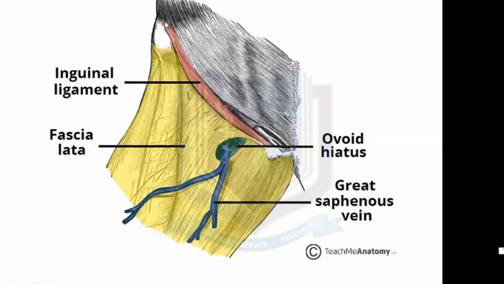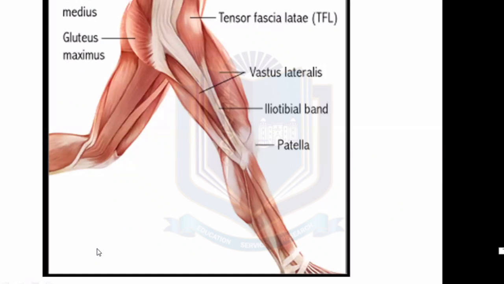Laterally, it is attached to the iliac crest and posteriorly to the sacrum. And below, this merges with the tibial condyles. On the lateral aspect, there is a thickening or modification of fascia lata, that is the iliotibial tract, starting from the iliac crest, and lower down it is attached to the lateral condyle of the tibia.